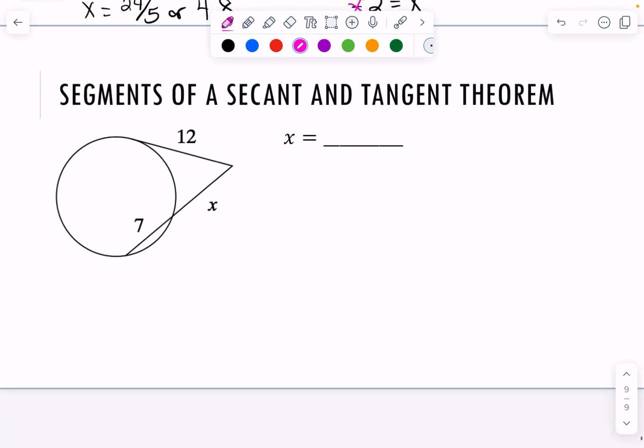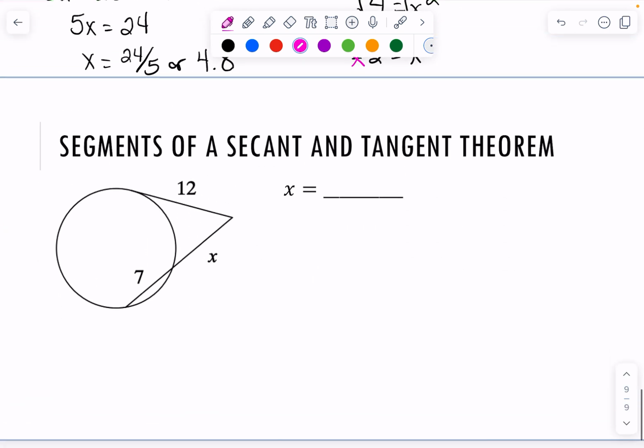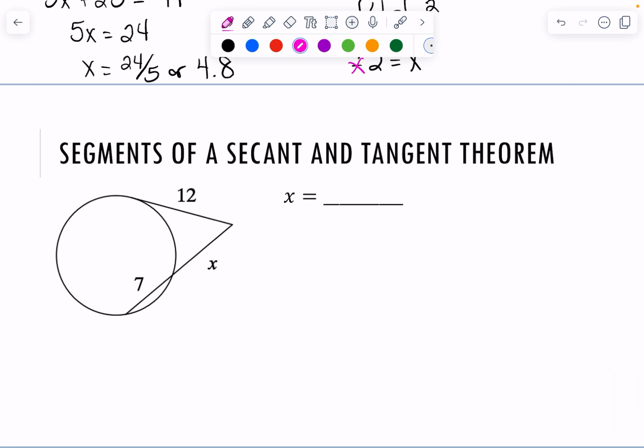All right, let's try this last one then. So on this last one, I'm going to find my full secant, which would be x plus 7. So now I'm going to take my external times my full, so x times x plus 7, and that is equal to the tangent squared.